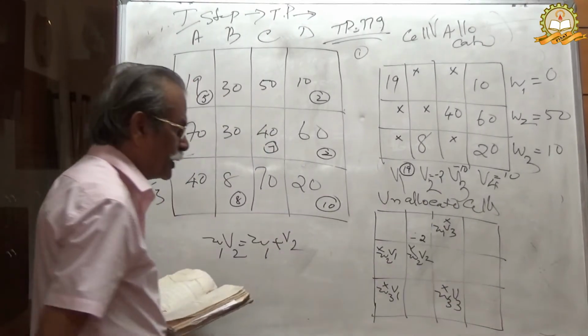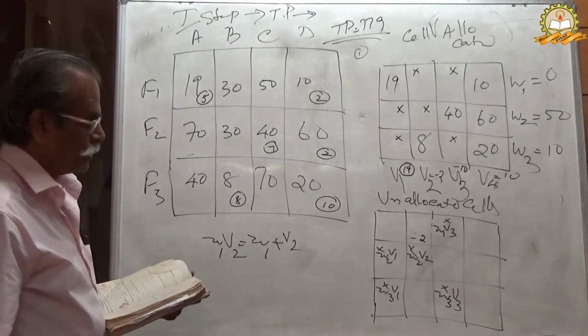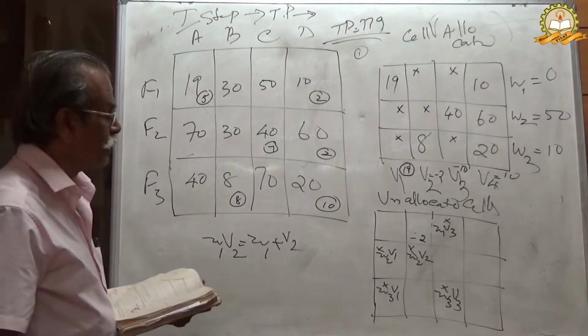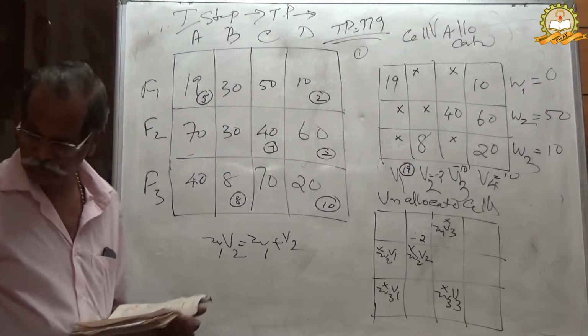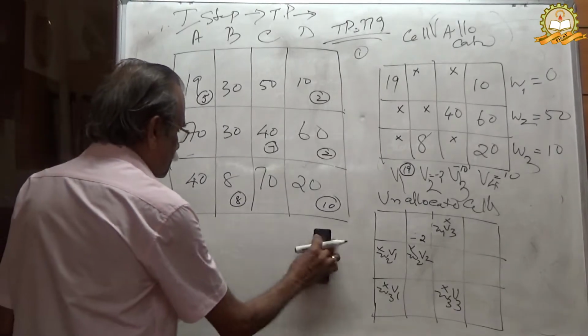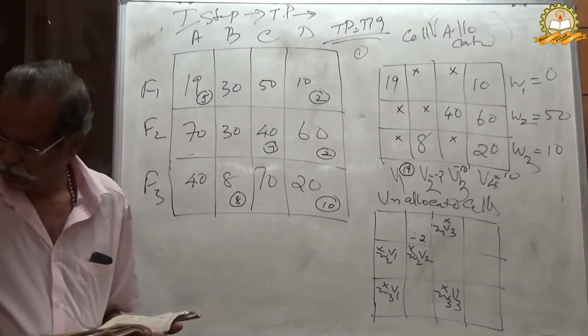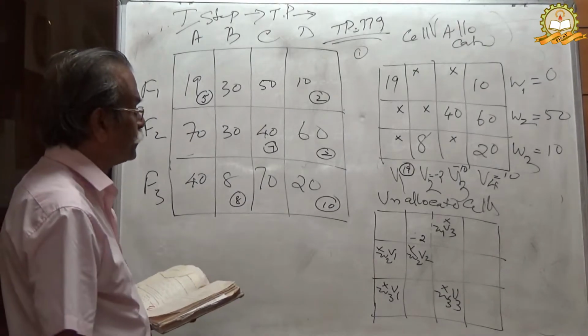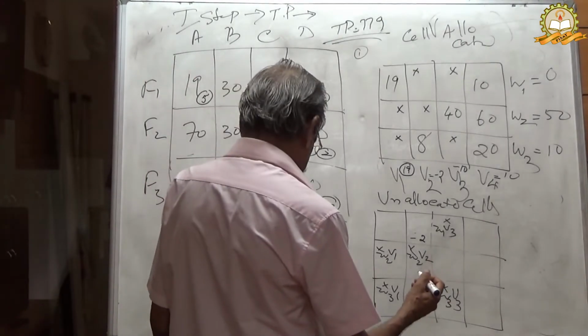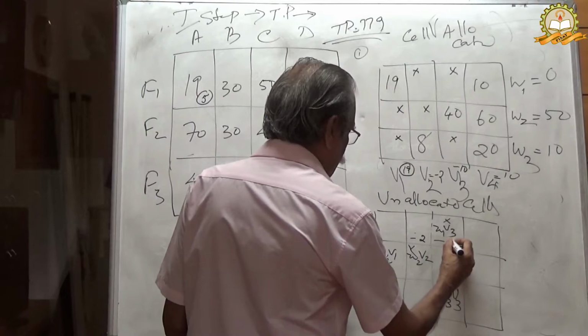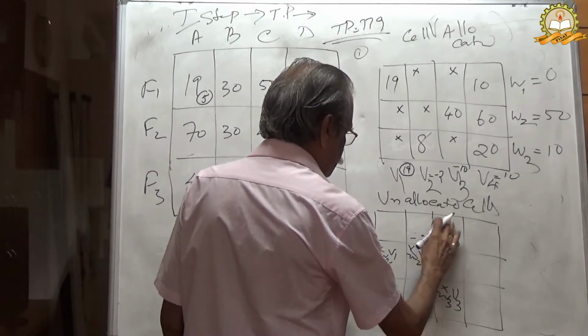Then U1V3 means U1 plus V3. U1 equals 0, therefore V3 equals minus 10.